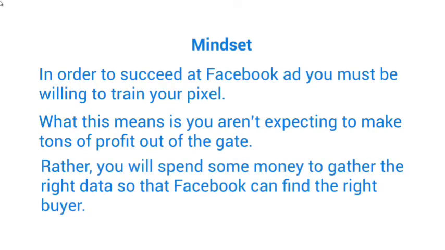Training a pixel basically means that you get traffic to your website where the pixel is located, and Facebook is able to figure out what kind of traffic is coming to your site, and of course, what kind of traffic is buying your product. So who is considered a lead and all of that.